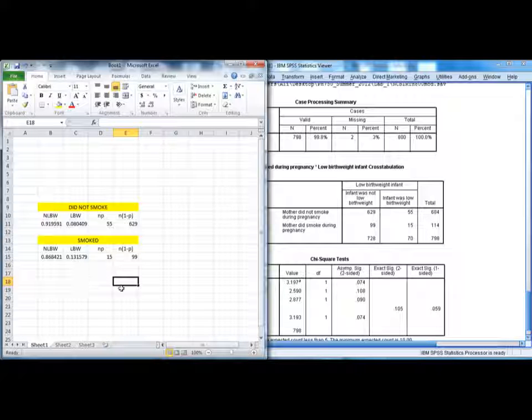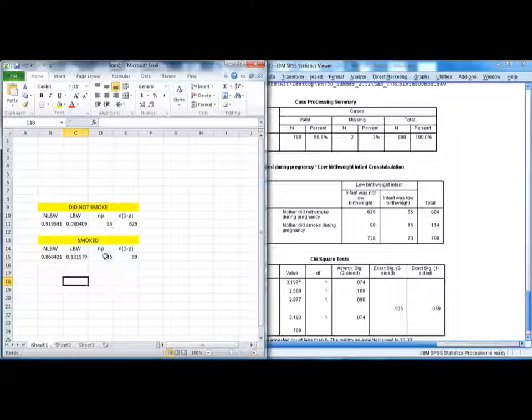Now the other group, those who smoked during pregnancy, the proportion who were low birth weight, 15 over 114, so we see that here, 15 over 114. The proportion of babies who were not low birth weight, 1 minus p, or 99 over 114, which is 0.87, about 87%.